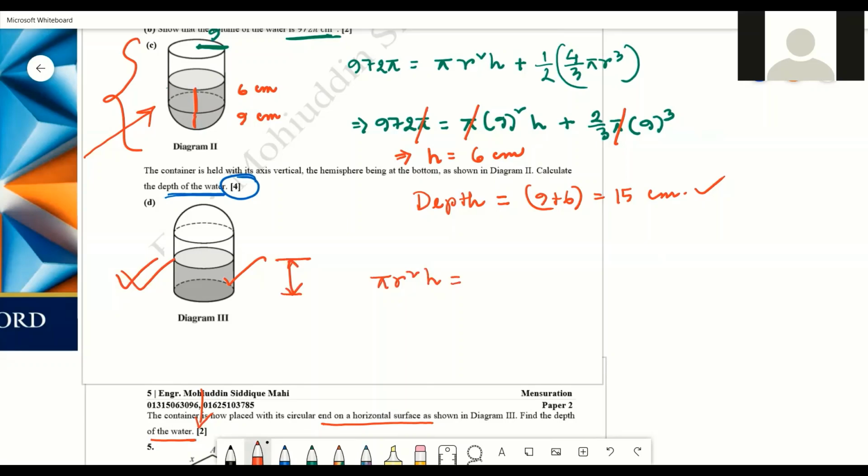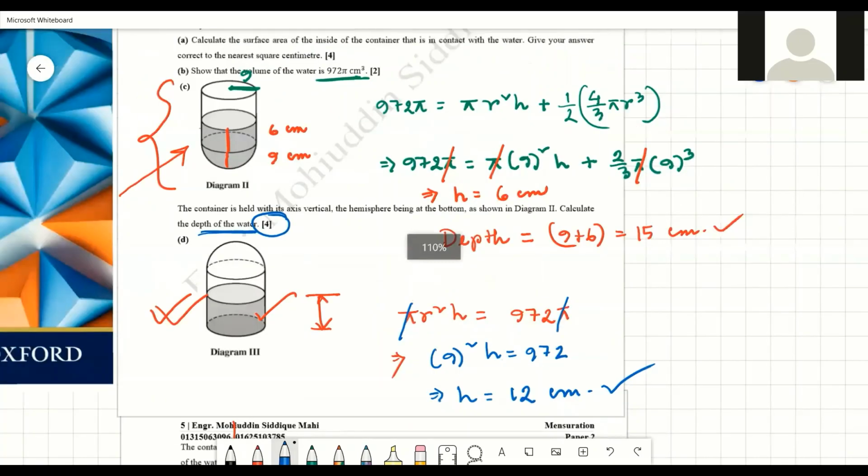And we know the volume of the water, which is 972 pi. The value is given in question B. So eliminate pi from both sides. The radius was 9. It's also given in the question. So from here, h will be 12 centimeter. And that's also a correct answer.